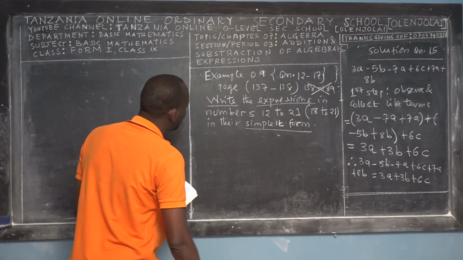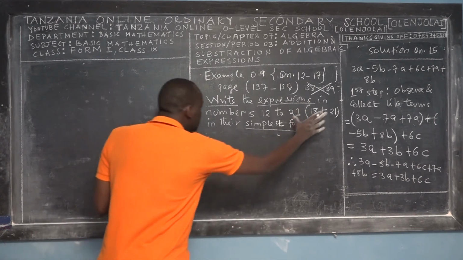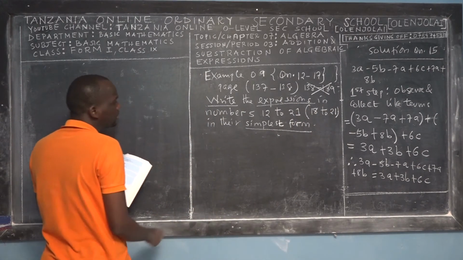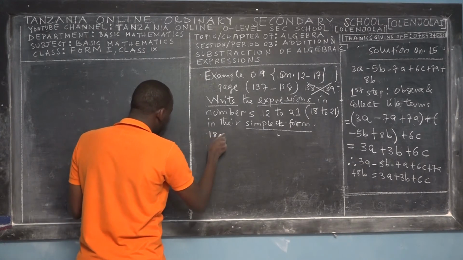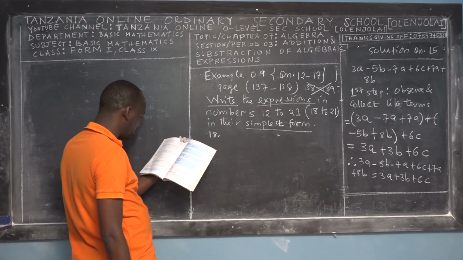Write expressions in numbers 12 to 21, as it is written in the book, but there is 18 to 21 in the simplest form. So question 18 from this book, right, is what, not from my exercise book.